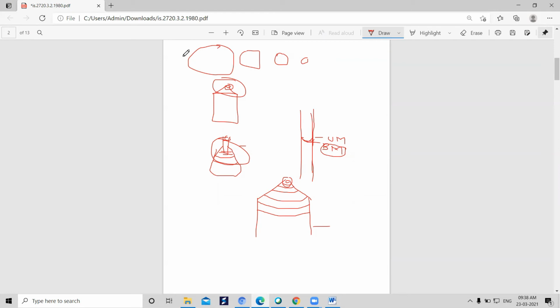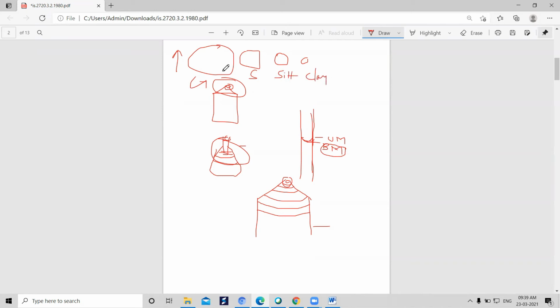size decreases from coarse material, we can observe the size of the grains. This is your gravel, this is your sand particle, this is silt, and this is your clay particle.